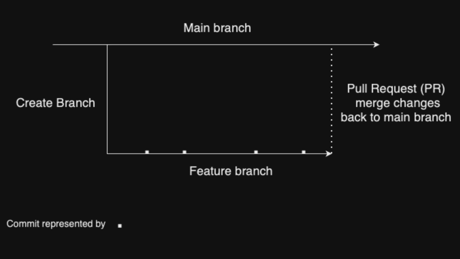Lastly, let's discuss the concept of a pull request. In Git, a pull request represents a formal request to integrate changes made in one branch into another branch. This mechanism is frequently employed in collaborative software development settings, particularly when utilizing repository hosting platforms such as GitHub, CodeCommit.